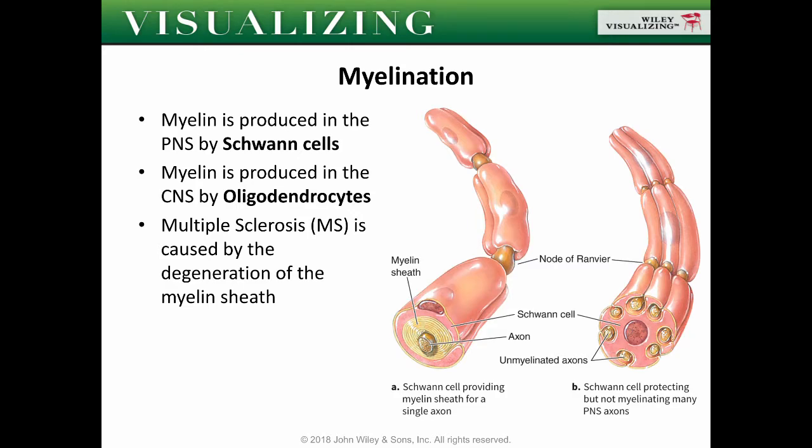But if it's in the central nervous system, it's usually dementia, mental retardation, etc., because it's the brain that's being affected. So here are your Schwann cells. It can be many neurons or one neuron at a time, so a single axon or multiple axons.